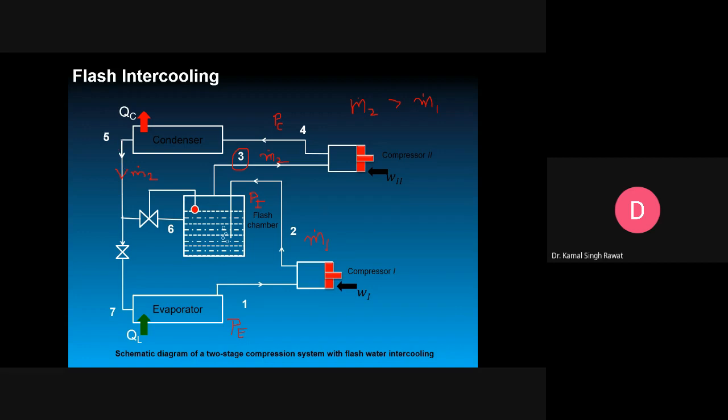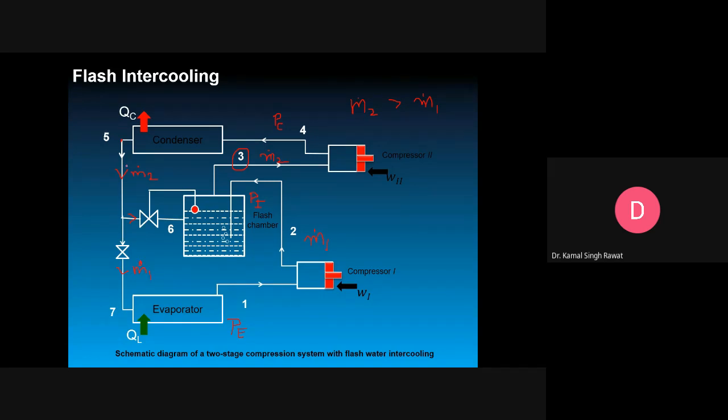Now this liquid is divided into two parts. In process 5 to 6, the mass flow rate is m dot 2 minus m dot 1, and the remaining m dot 1 goes to the evaporator through the expansion valve.